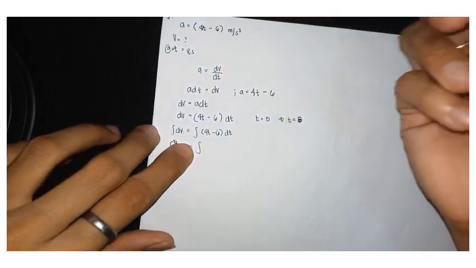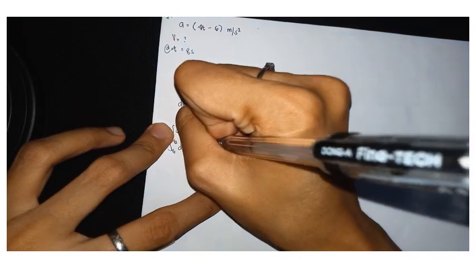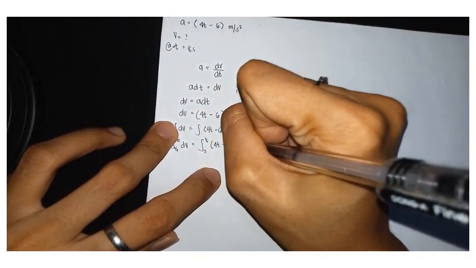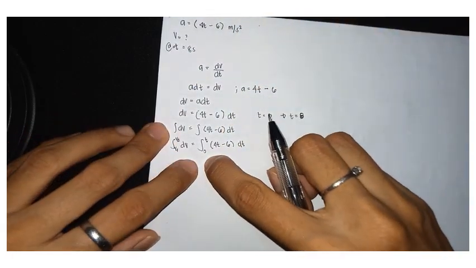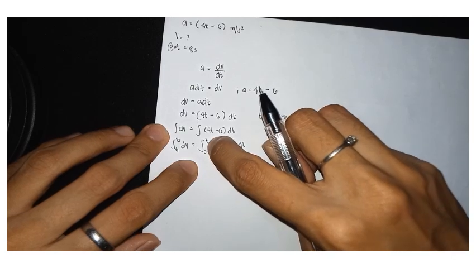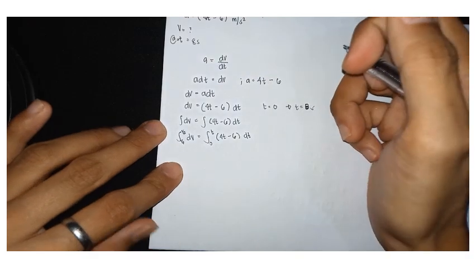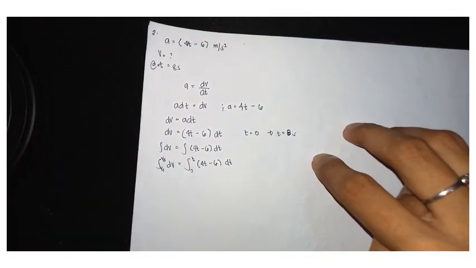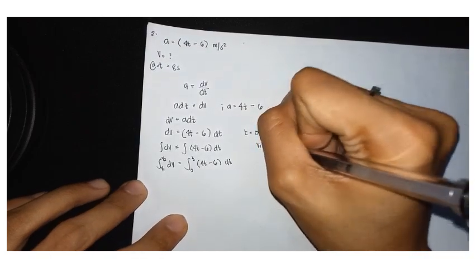Our lower limit for time is 0 and the upper limit is t, which is 8 seconds. Since the problem stated that the particle starts from rest, our initial velocity is equal to 0.